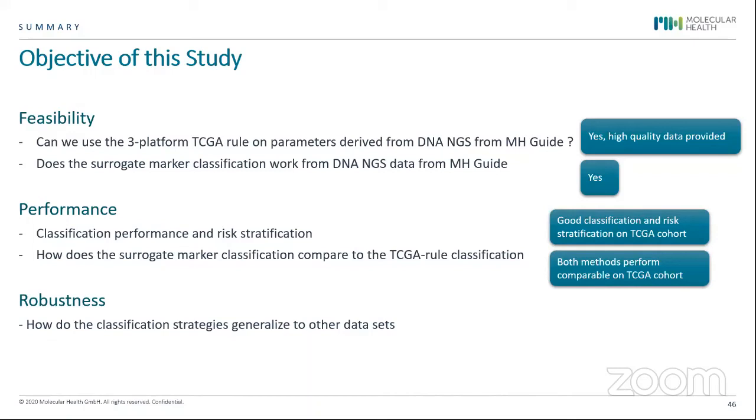On high quality data in the TCGA data set, both classification schemes worked comparably well and actually pretty good in classifying the patients. And I think the most important takeaway is that only the surrogate marker-based classification generalizes to lower quality data.